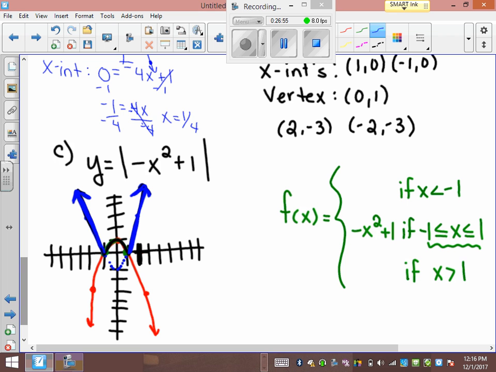Do you see the whole concave up parabola? I just don't draw this piece because between -1 and 1, it actually follows the concave down parabola, right? So these 2 outside pieces follow the concave up parabola, which is just the negation of this one. So this is going to be y equals -(-x squared plus 1), which is actually +x squared minus 1.